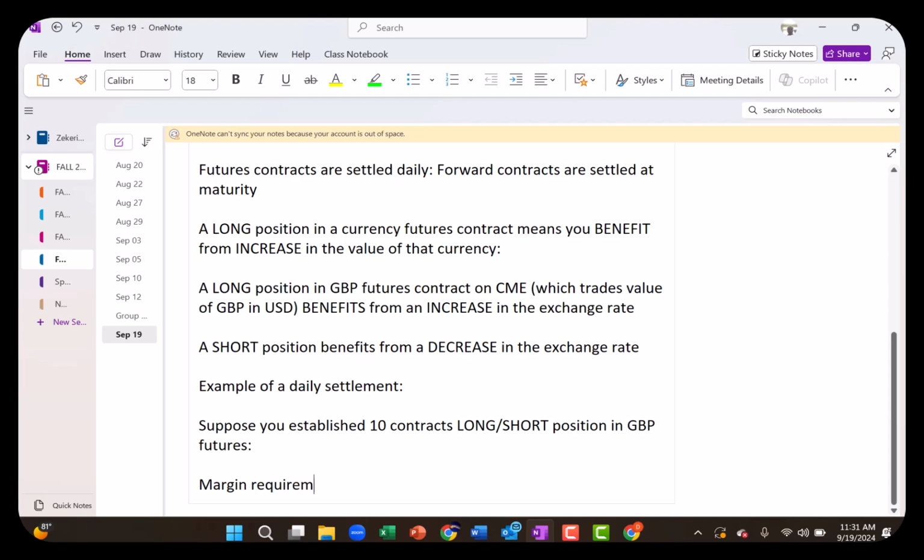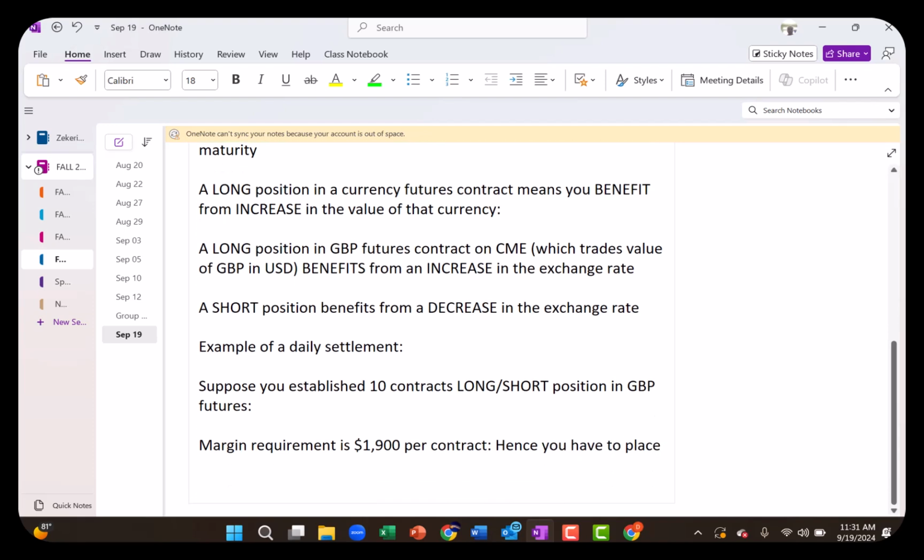Margin requirement is $1,900 per contract. Hence, you have to place 10 times 1900.